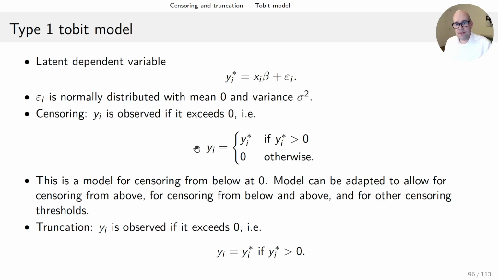In the case of censoring, we also have cases where y_i would be equal to 0. So we would know that for certain x's, the observation has been censored. Whereas for truncation, we would not know about this because these observations wouldn't be in our data.